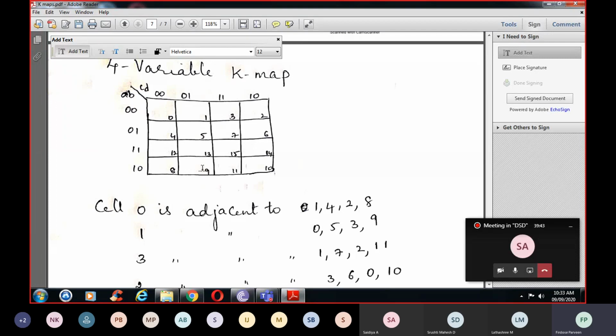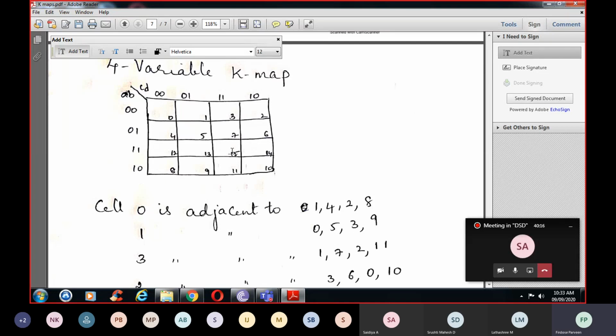In the same way, cell 9 is adjacent to 8, 13, 11, and 1. 11 is adjacent to 9, 15, 10, and 3. 10 is adjacent to 14, 11, and if I roll horizontally, 2, and if I roll vertically, 8.